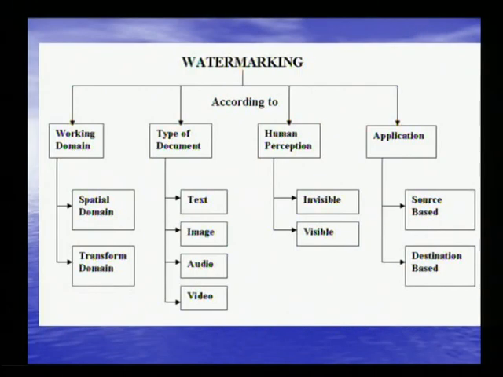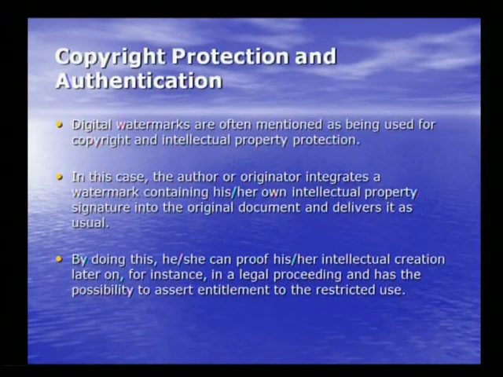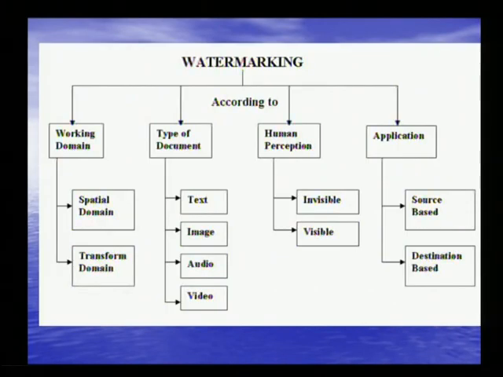Next is watermarking classification. Watermarking is classified based on domain: spatial domain and transform domain. Based on the type of watermark document, you can apply your watermark into text, image, audio, video and combinations of these, meaning multimedia objects. Based on human perception: invisible and visible.